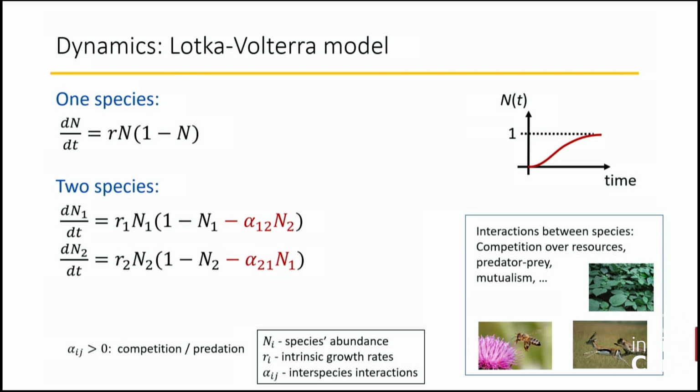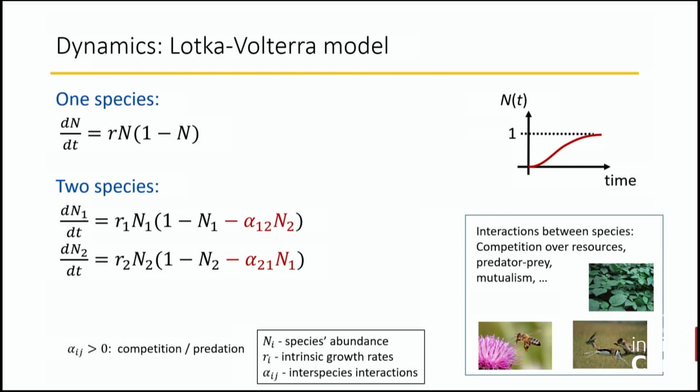So if you look at the entire equation, it's a nonlinear interaction. You see here that N1 has r1 N1 alpha 1,2 N2. It's a bilinear term, N1 times N2, like a mass action if you like. So we have these two new terms when we have two species.